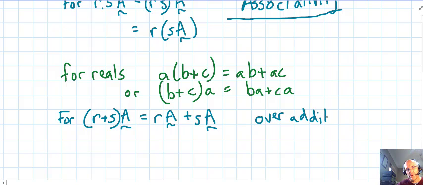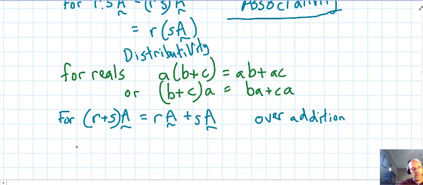We're calling on our distributive law at the moment, distributivity. And we have another property.